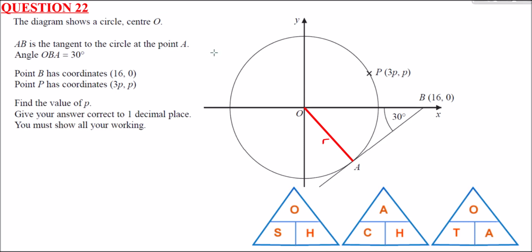And we can set about trying to work out what this radius is. As well as that, we know the distance of B from the origin for horizontal distance along, because the x-coordinate of B is 16 units. So using that piece of information, we can label on that this distance here from O to B is 16 units.